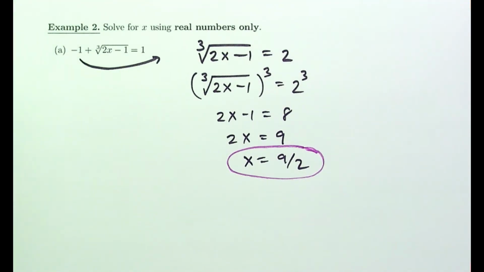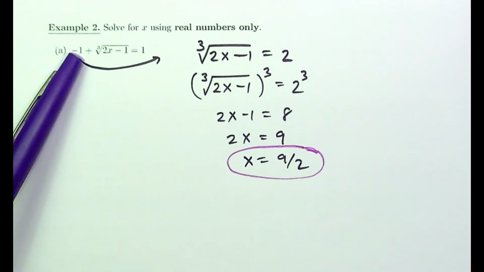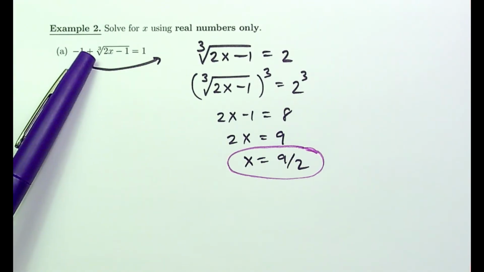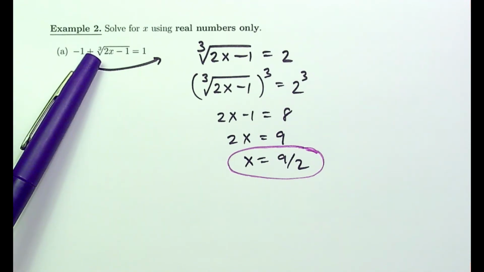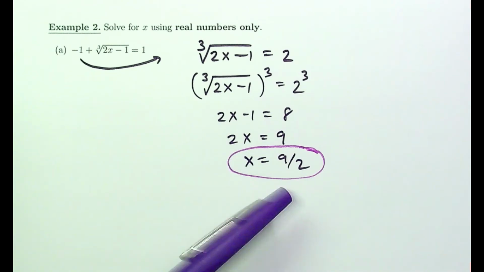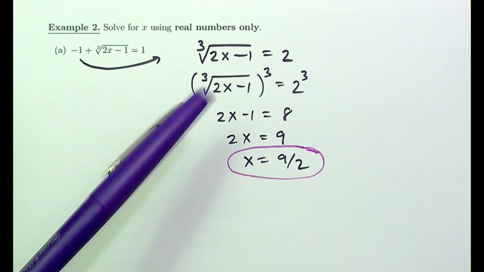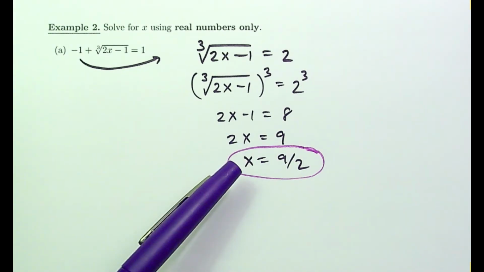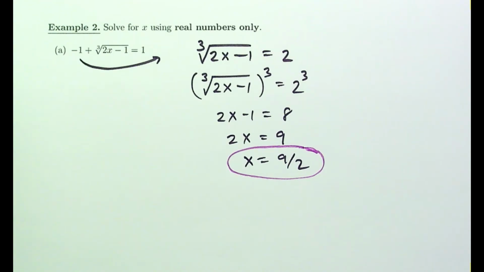Okay, and then actually, because this is an odd index, and we raise both sides of the equation to an odd power, you don't really have to check this one, as long as you're sure you didn't make any mistakes. But it's not a bad idea to get used to checking it regardless for radical equations.